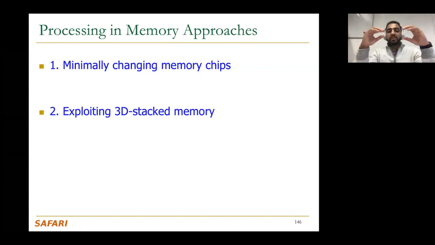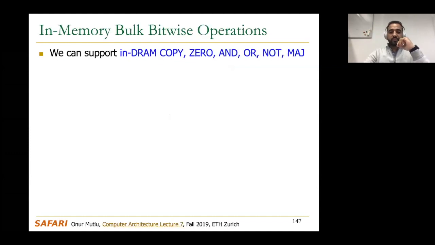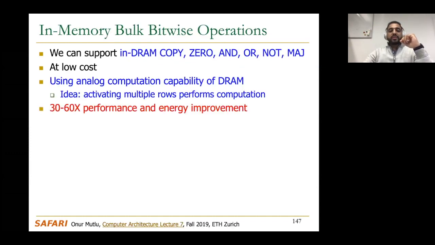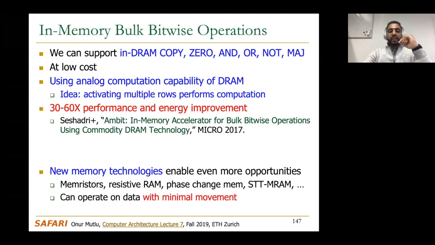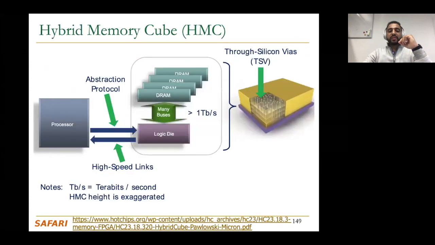In these 3D stacked memories, we have several layers of DRAM stacked on top of each other, and one logic layer where you can perform computation. So you can perform computation and you have very high bandwidth to the data stored in the memory. You can move it within the same die or the same chip.